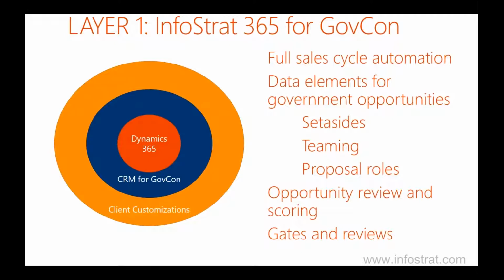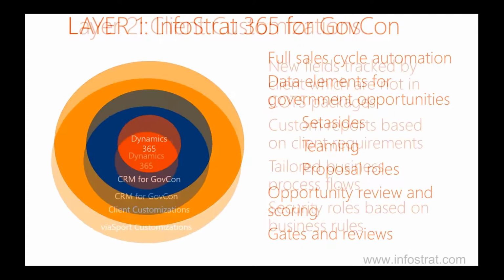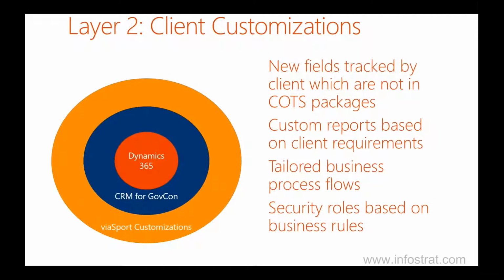Also the idea of roles of people who are on the pursuit and opportunity scoring. And then the third layer is client-specific customizations. You can tailor the solution for your particular needs so that it matches the way your business operates.